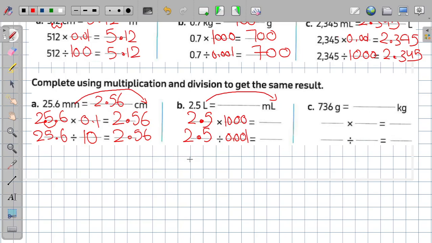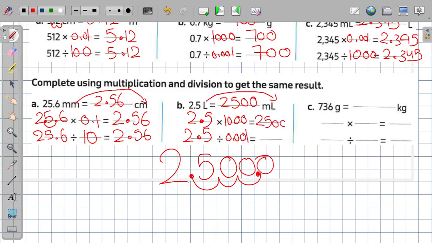I will move the decimal point 3 places to the right. So I have 2.5 and I will add some zeros right here. So I have 1 place, 2 places, 3 places. So the result will be 2500 milliliter.